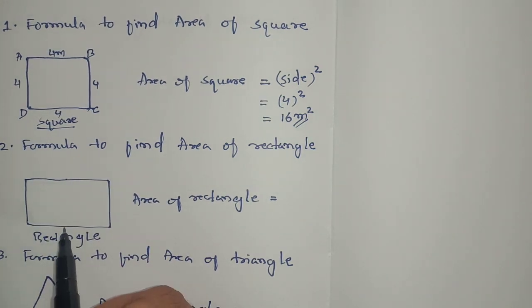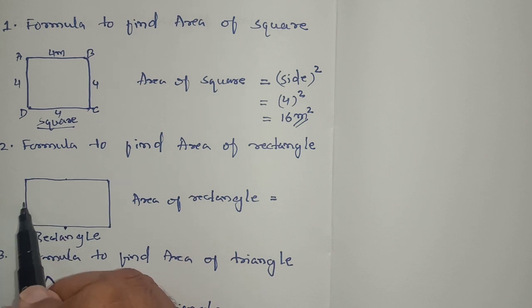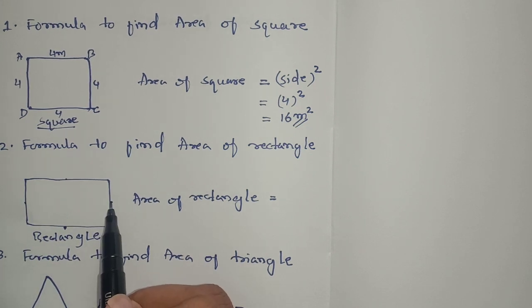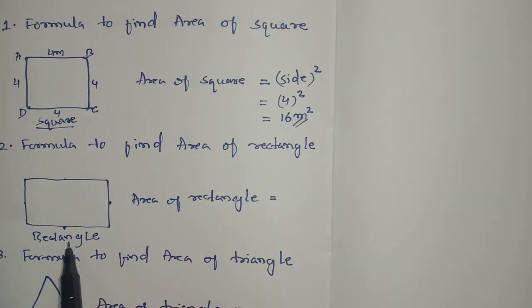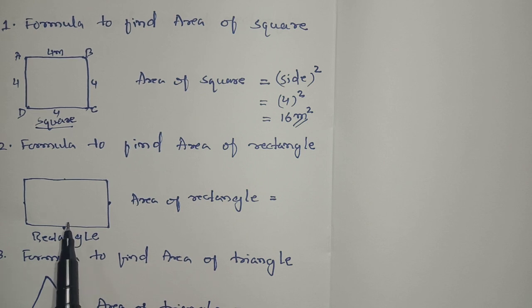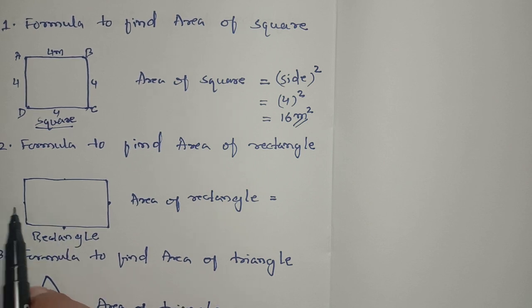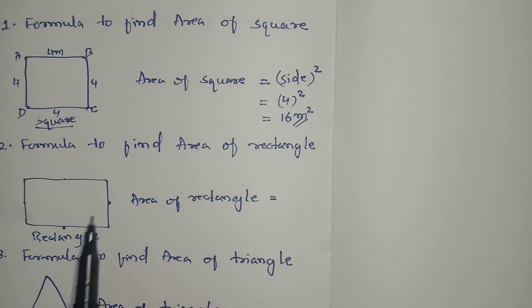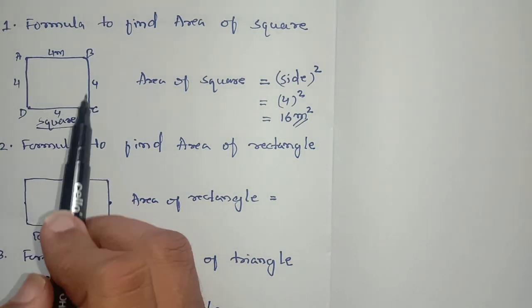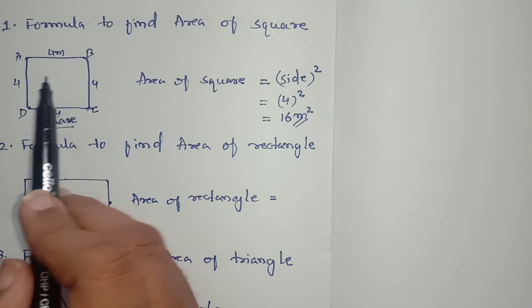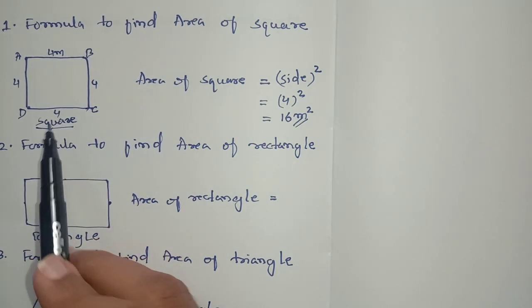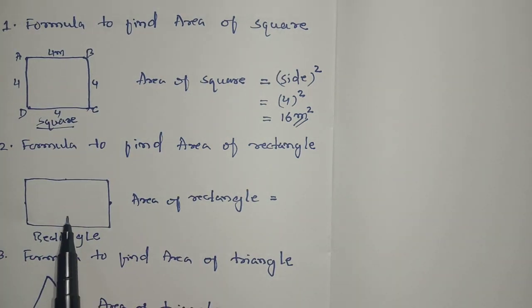This side and this side are equal. This side and this side are equal. That figure is called a rectangle, student. If opposite sides are equal, that figure is called rectangle. If all the four sides are equal, that figure is called square. Keep in mind, this is rectangle.